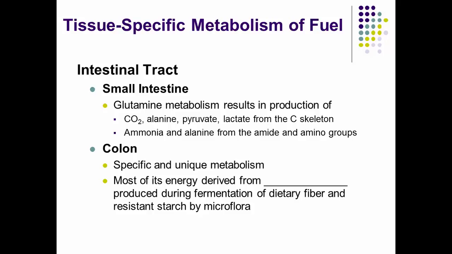Okay, so yeah, so glutamine metabolism in the fed condition in small intestine, right, can produce CO2, of course, completely oxidized, and produce CO2, alanine, pyruvate, lactate from the carbon skeleton, and also ammonia, right, and alanine from the amino group, right?